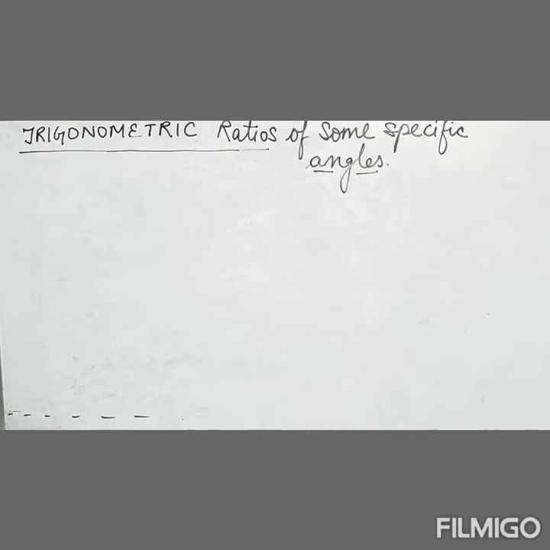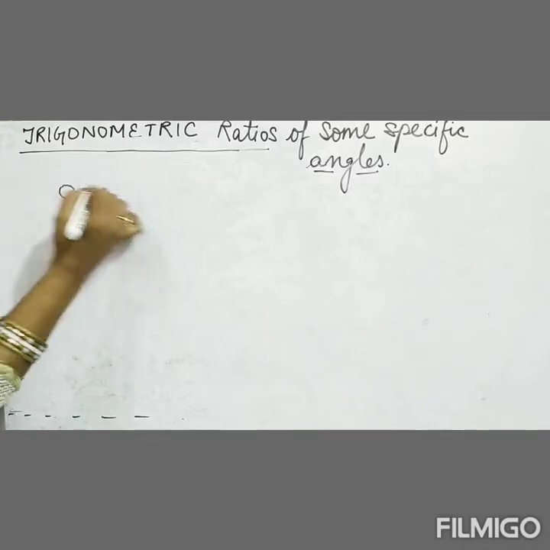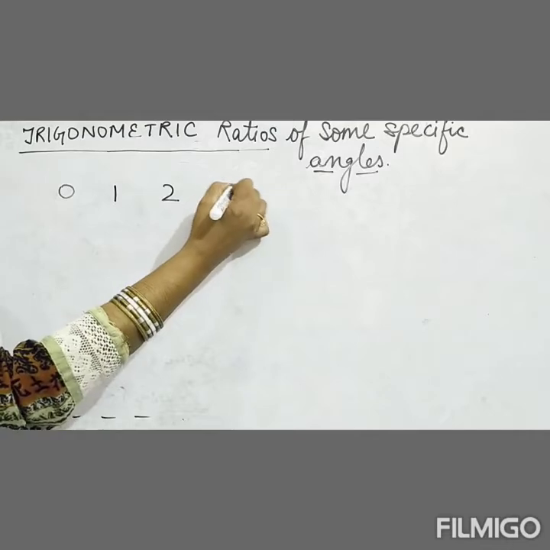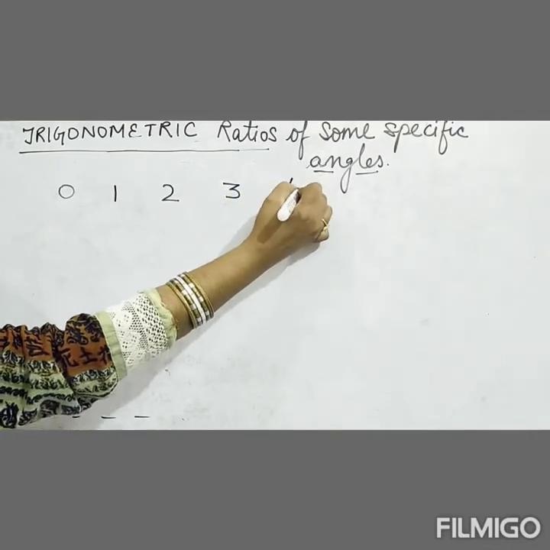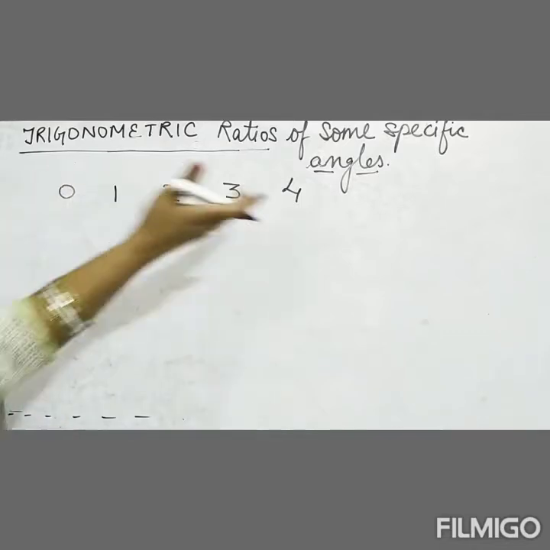Then just tell me the counting from 0 to 4. It should be 0, 1, 2, 3, 4. That's it. It's very easy. Even a nursery kid can tell me 0 to 4.